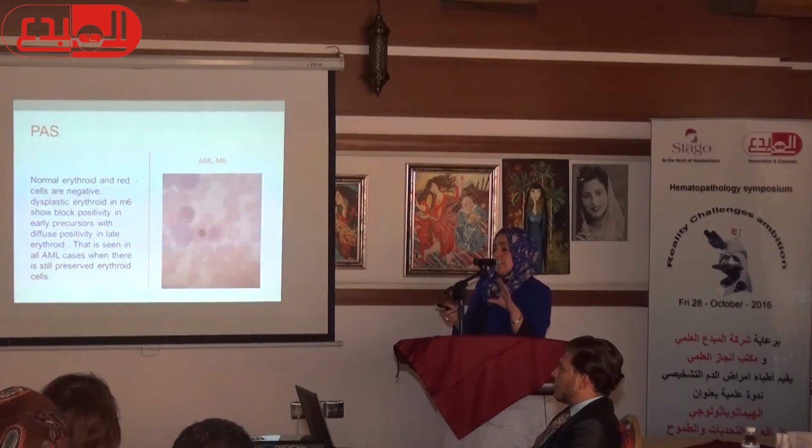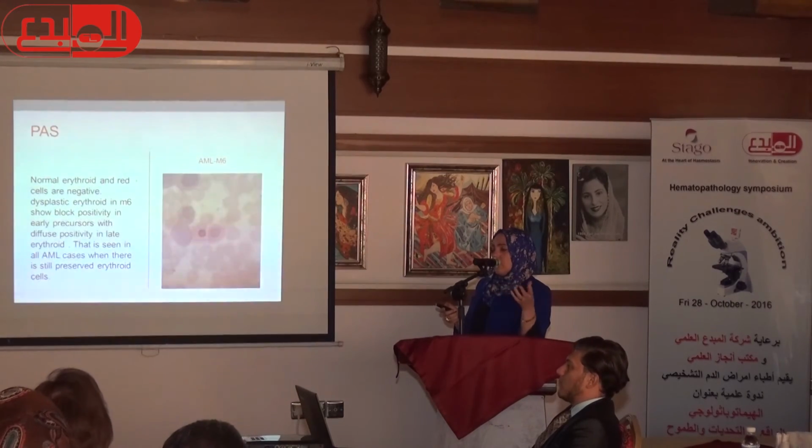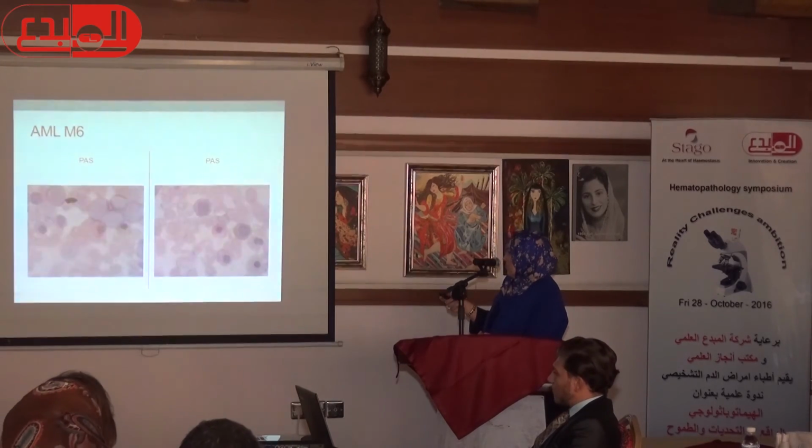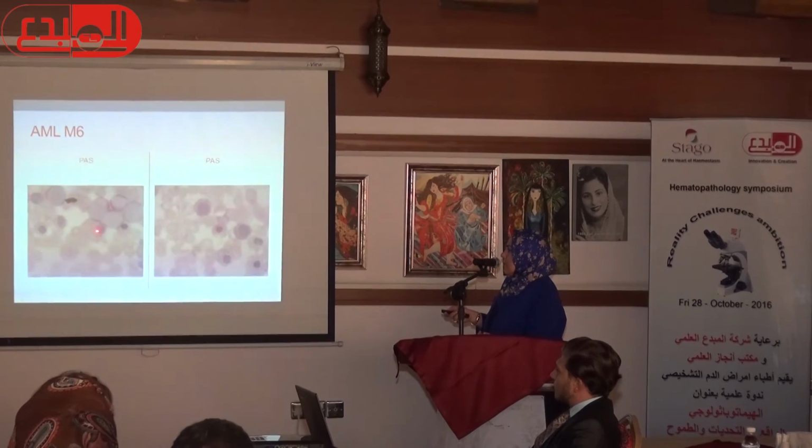The books say that it is seen in M6. In our experience, when there are some preserved erythroid cells in a case of leukemia, they take PAS positive. This is a case of M6, and you can see the positive erythroid cell here, diffuse positivity.